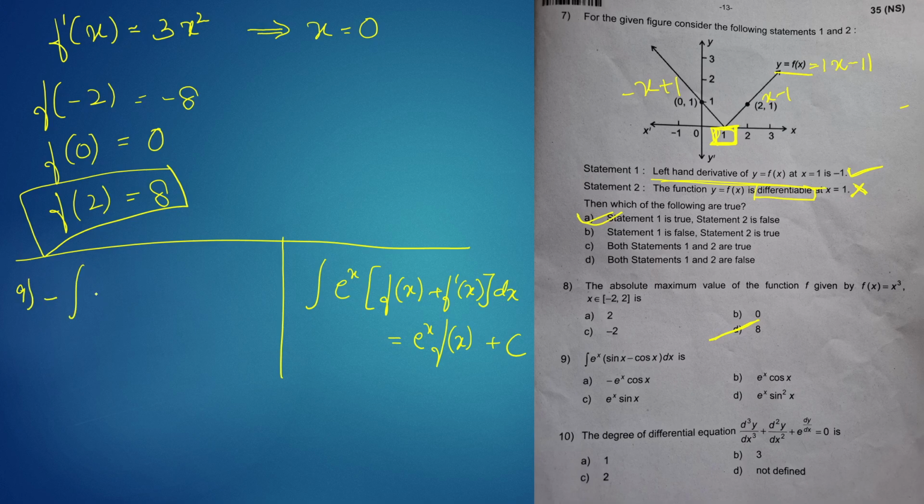If we take minus common, we get integral of e power x into cos x minus sin x into dx. Now this is of the form e power x into f of x plus f dash of x. The differentiation of cos x is minus sin x. Therefore, if we use the formula, the answer will be minus e power x into cos x. That is option D. Next, to find the degree of the differential equation.